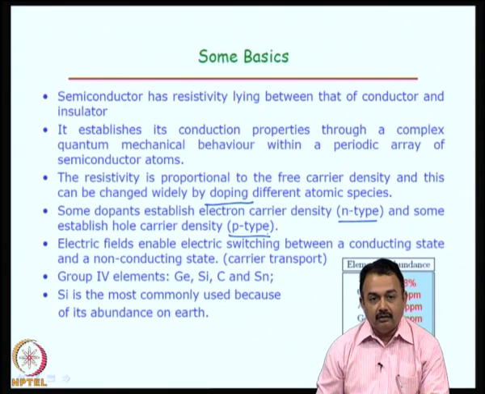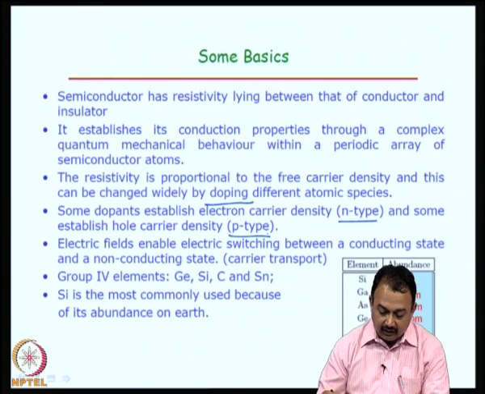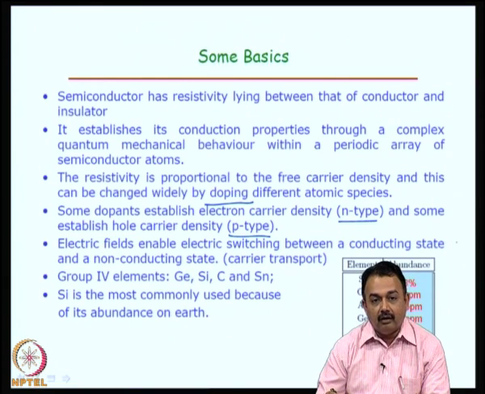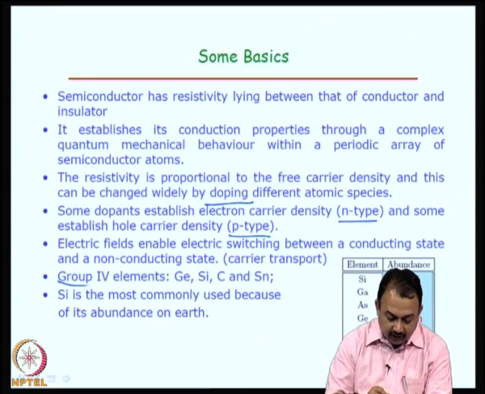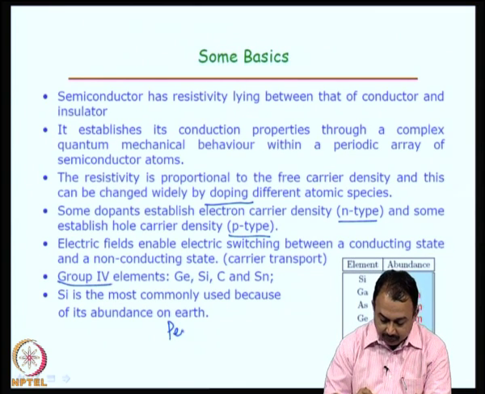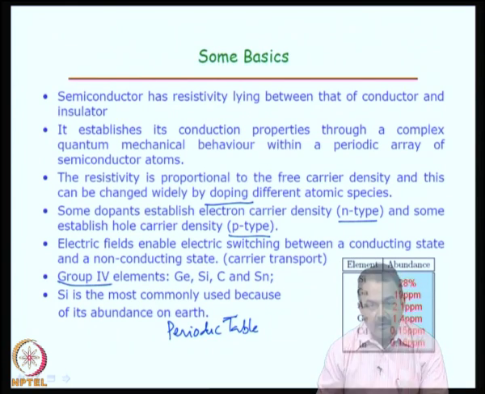When the material is subjected to an electric field, it enables electric switching between a conducting state and a non-conducting state. Now, if you look at the periodic table, you have group 4 elements: germanium, silicon, carbon and tin.